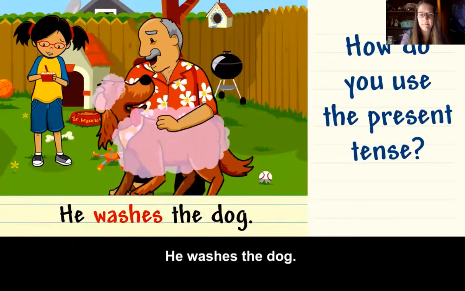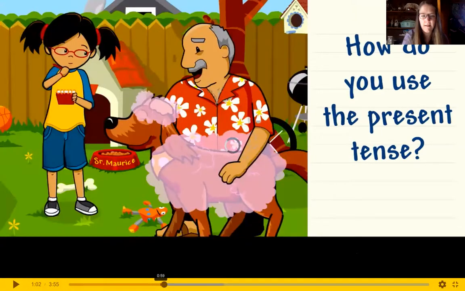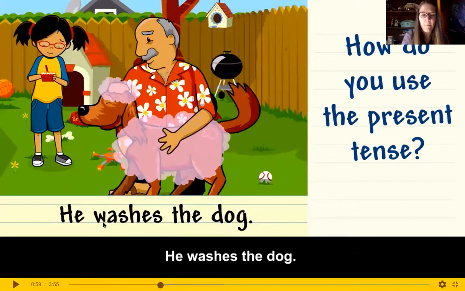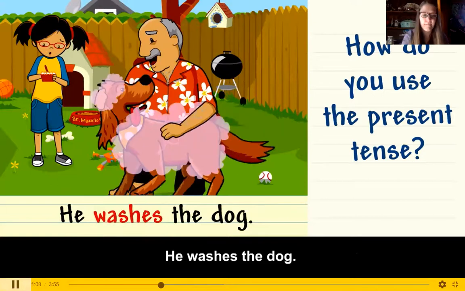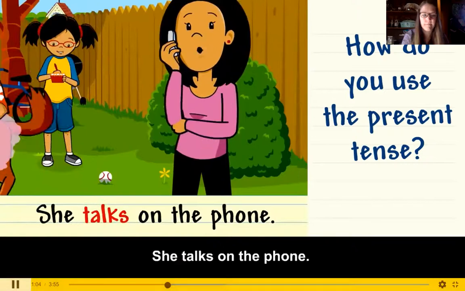He washes the dog. I'm going to back it up just a tad. That word washes. Washes is the verb, right? That's what he's doing. He washes the dog. She talks on the phone.